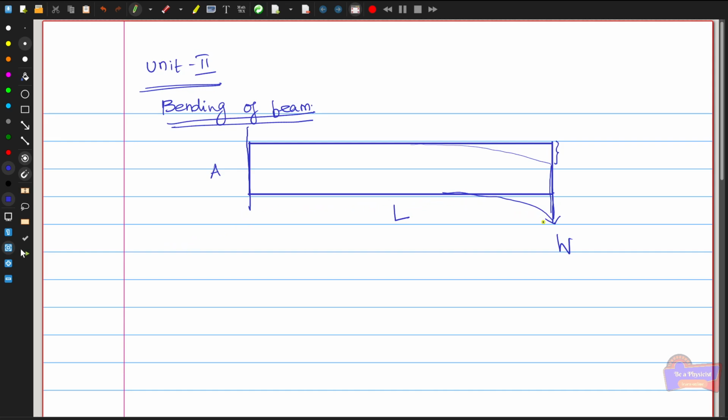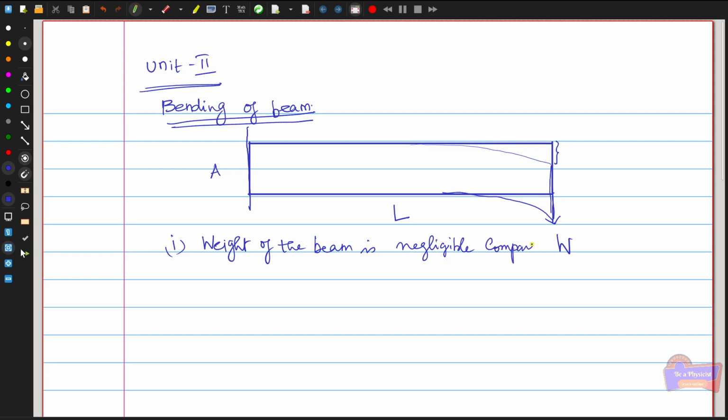The first assumption is that the weight of the beam is negligible compared to the weight we are adding.